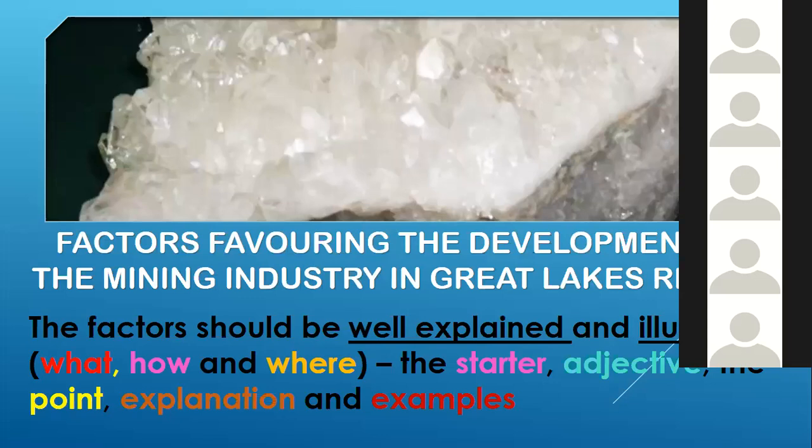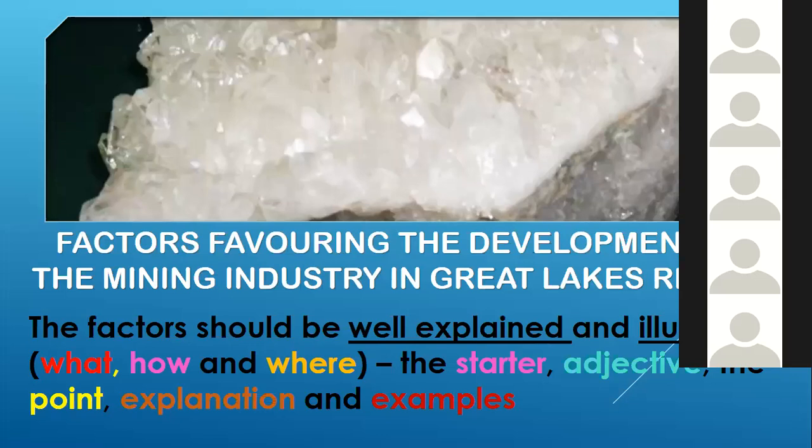For example, if I say outline the factors favoring the development of the mining industry in the Great Lakes region, if I say outline the factors, it means explain the factors. You're not supposed to outline. The moment you outline, you will not get any mark, because now we're looking at question approach.